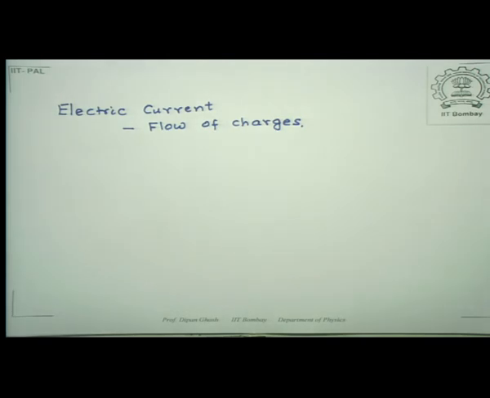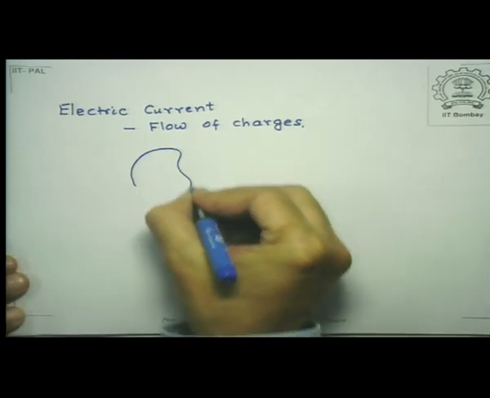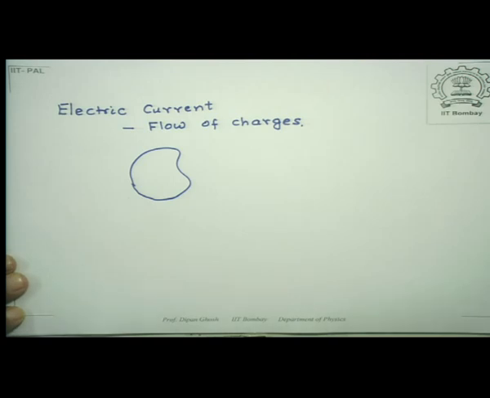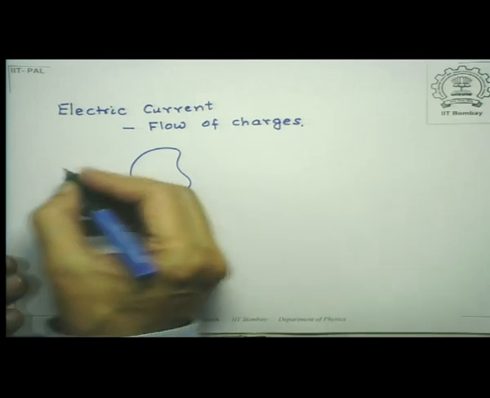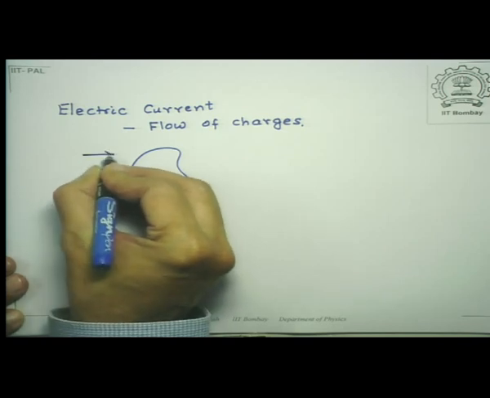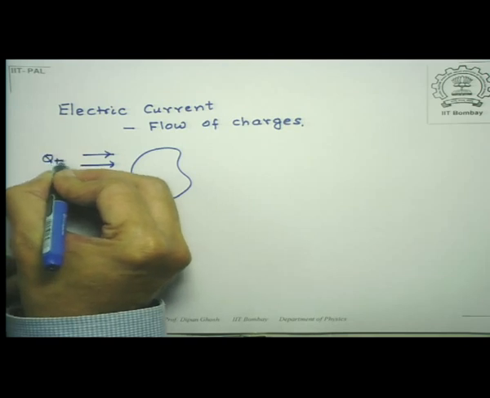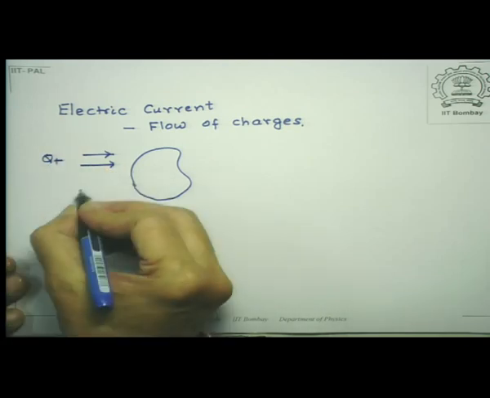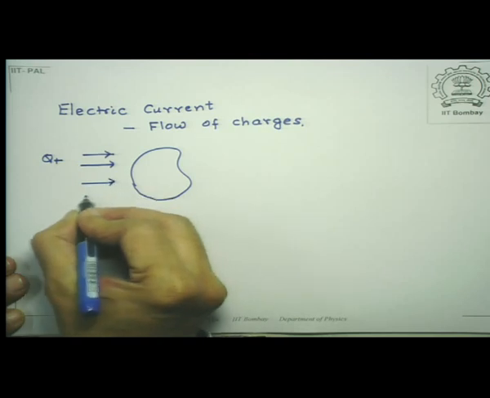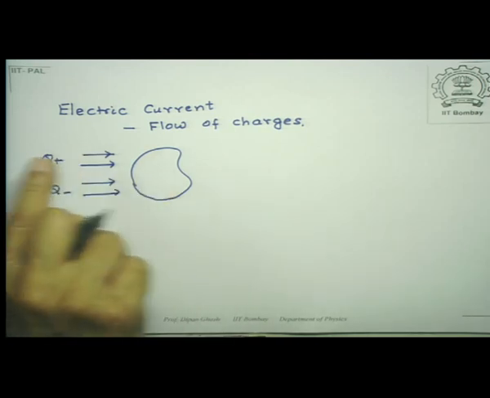This is the formal definition, and let us try to make this a little clearer. Let me say that I have an arbitrary surface, some area, it does not matter, and suppose I have charges, let us say positive charges, which I will call Q plus, and a group of negative charges, Q minus, and they are passing through this surface.